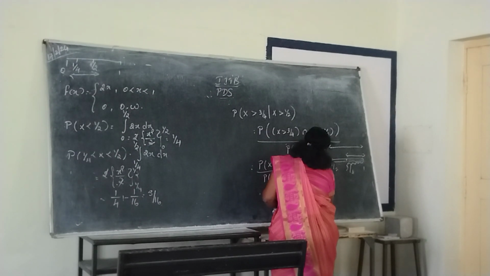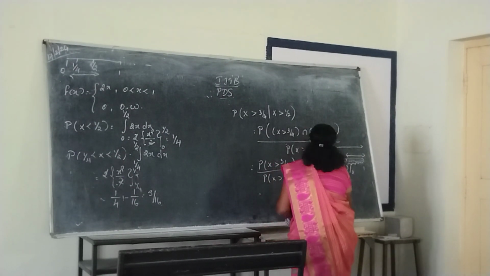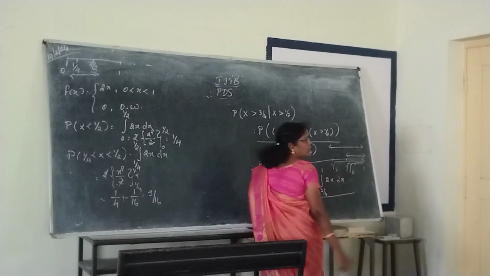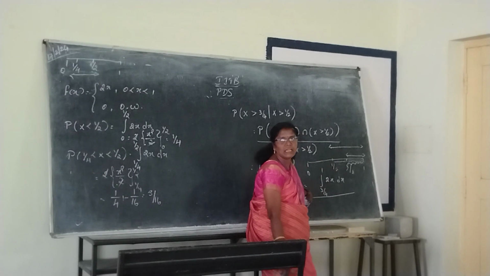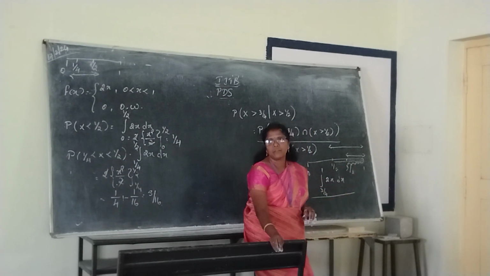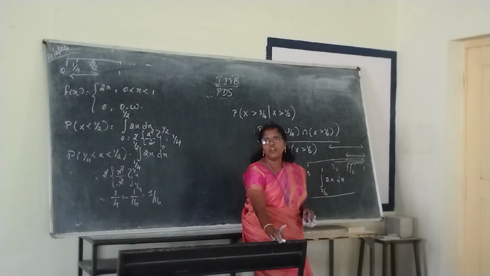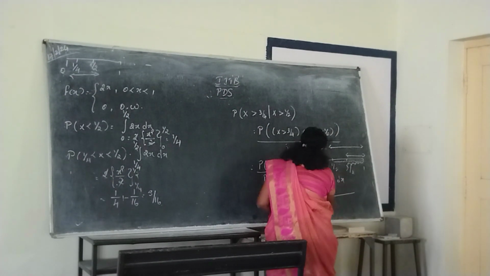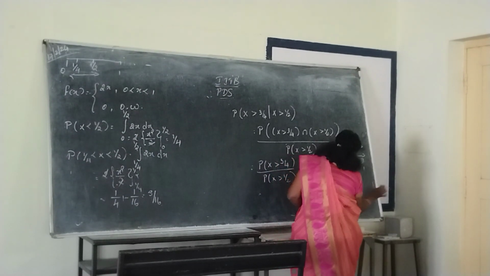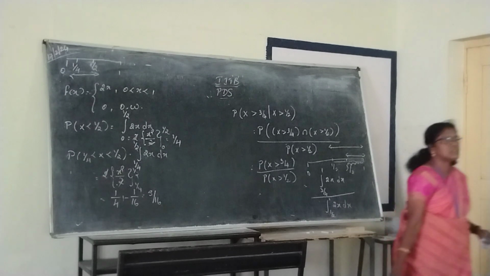Integral of 3 by 4 to 1, f of x is 2x into dx. So that is our numerator. Denominator, what is given? Greater than 1 by 2. Greater than 1 by 2 means what is the limit? 1 by 2 to 1. So integral of 1 by 2 to 1, 2x into dx. Integrate and let me know the answer.